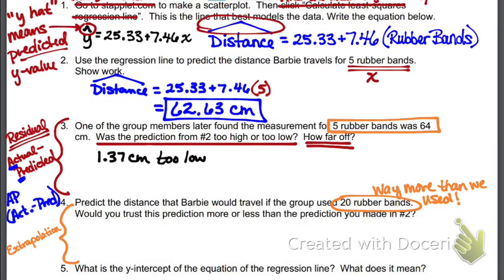So this is something called a residual. Residual is going to be the difference between what our model would predict for us and our actual observed value. And to find a residual, we take the actual observation and we subtract the prediction.